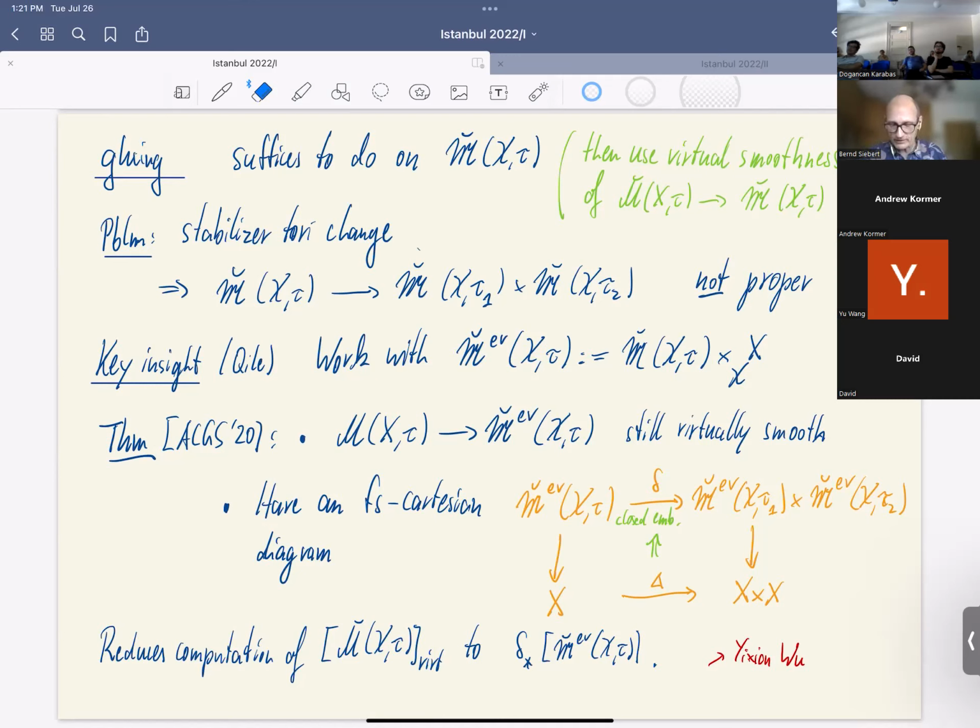That is a very insightful remark. But what we learned in all this long struggle is that this is an irrelevant point when it comes to computations. So pushing forward this fundamental class here does not see that non-saturated structure.